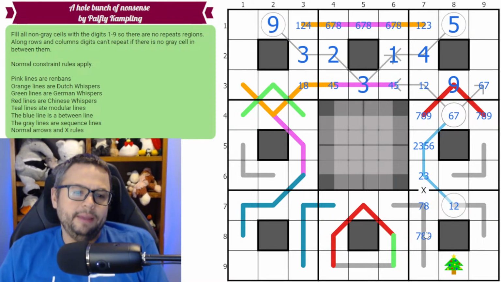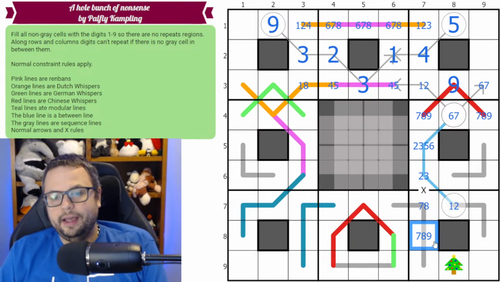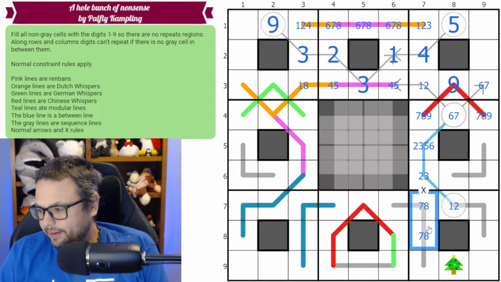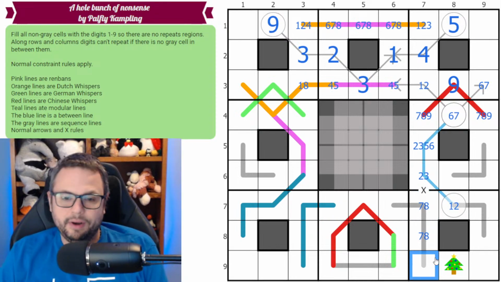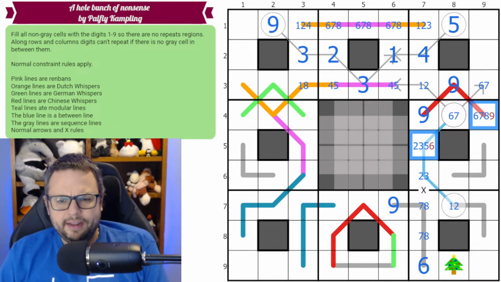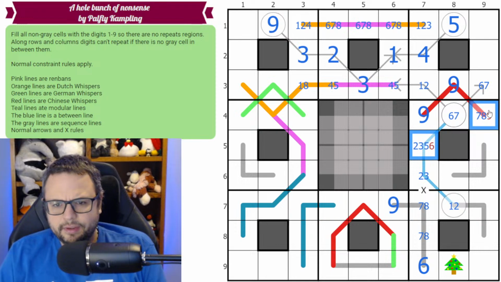But this certainly can't be a 9 because on the sequence line that would break. This number would have to be bigger. So now this is a 6 and that's a 9 and that's a 9. I'm assuming you can't repeat on sequence lines because then they wouldn't be sequence lines. That's not a 9. That's not a 6.